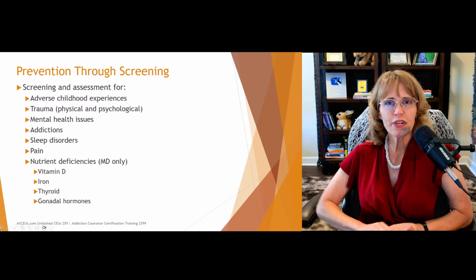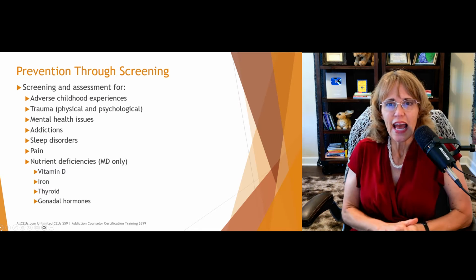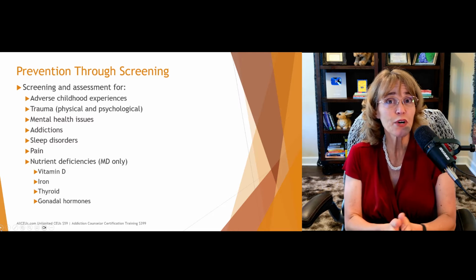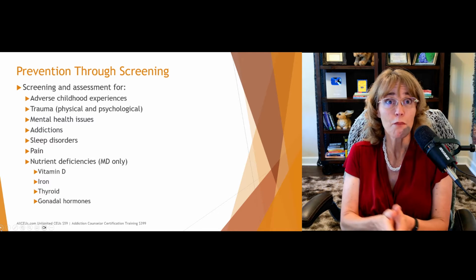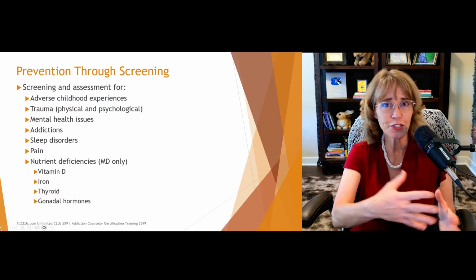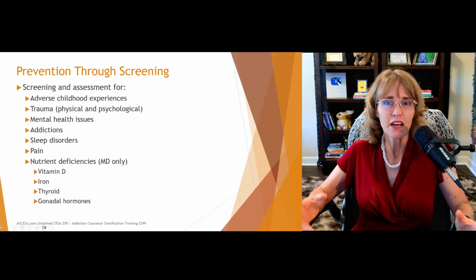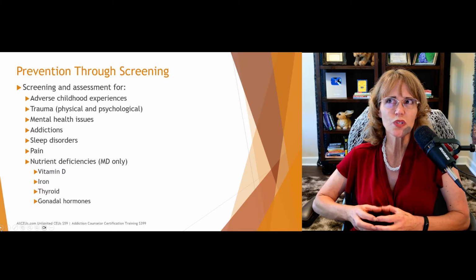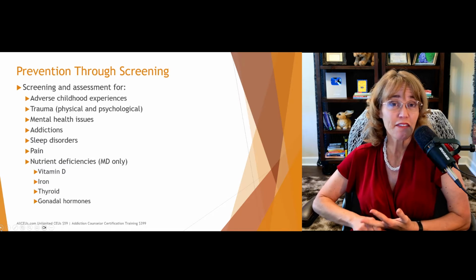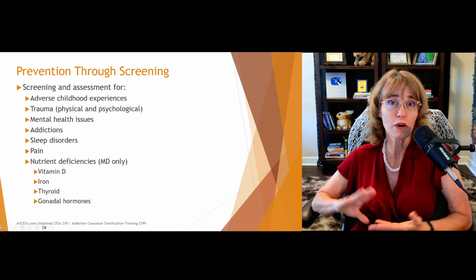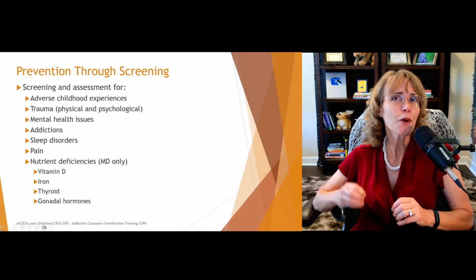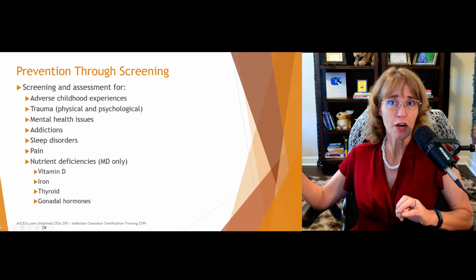So when we screen, what we're looking for is, asking people, does someone in your household have mental health issues? Or screening, you can even do this through observation, children, for example, who are coming to school and it doesn't look like they've bathed in a couple of days. Maybe they don't have any food in their lunchbox, or things that might indicate that there might be neglect going on.